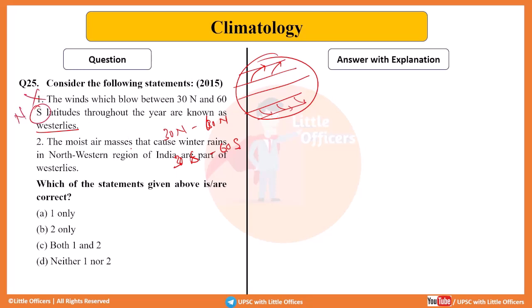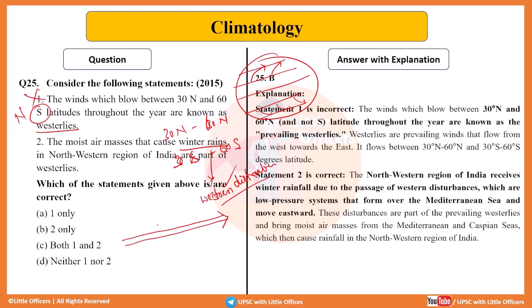Then, the moist air masses that cause winter rains in the northwestern region of India are part of the westerlies. Generally, winter rain is due to western disturbances. Western disturbances are brought by the subtropical jet stream, and they are part of the westerlies. Yes, because the subtropical westerly jet stream moves from west to east, and yes, it is part of the westerlies. So the correct answer is going to be B here.